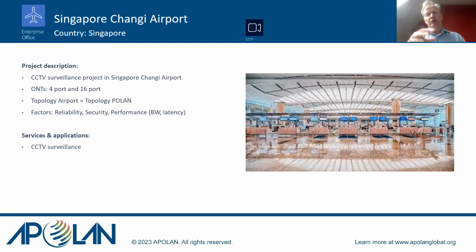Again, there we are covering with our solution a large surface, and at particular parts we have the need for a high bandwidth. That combined with the reliability of our solution and the security aspects that we can give to our partners and our customers is very appealing for that particular case. In Changi Airport, the main use case is the CCTV surveillance system.